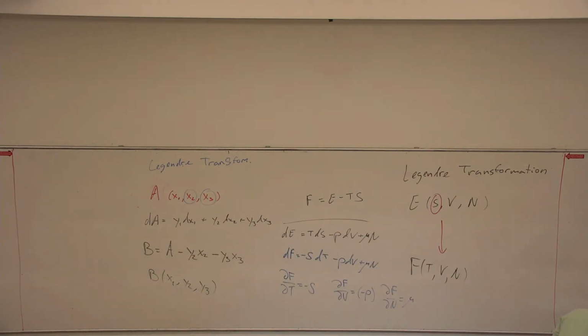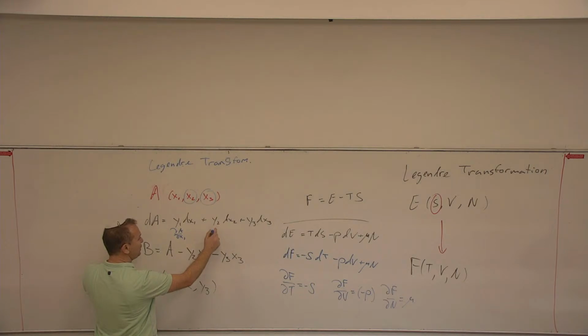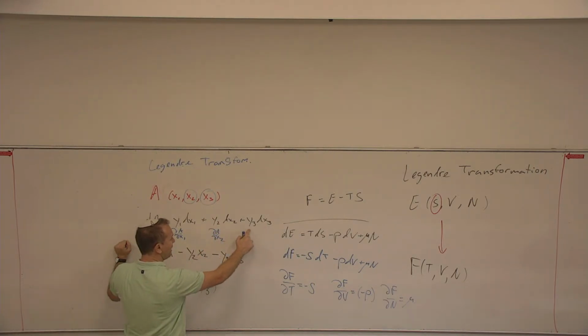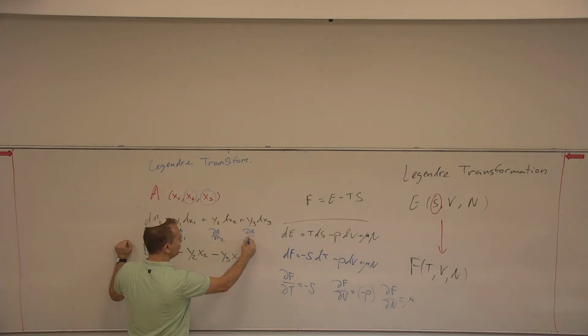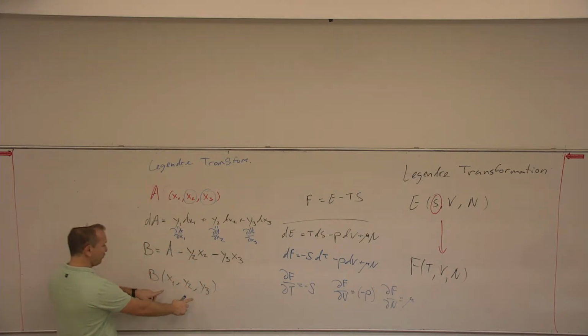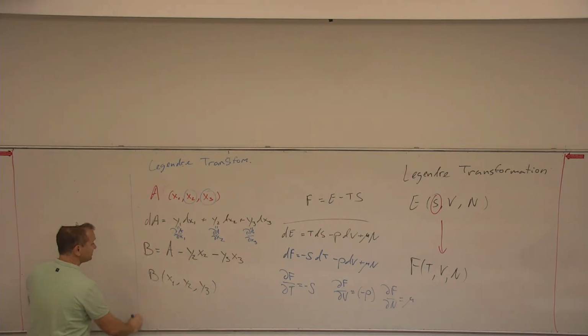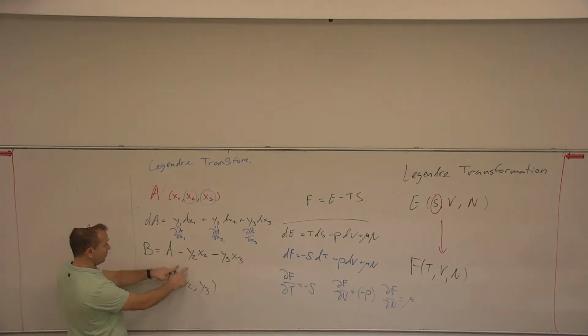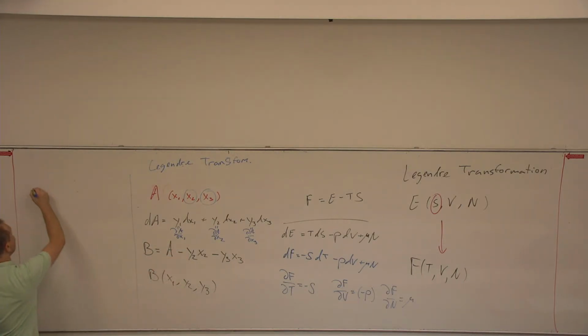Now, in the original part, y1 was dA/dx1, y2 was dA/dx2, and y3 was dA/dx3. When you perform this modification, what do you have for the derivatives? So you write down dB. Right? So what is dB?